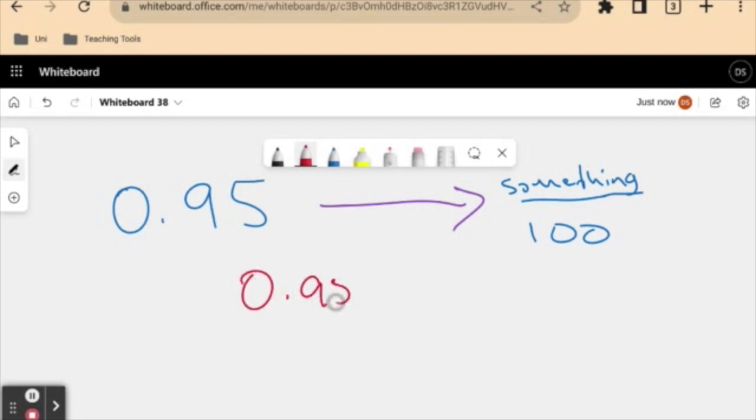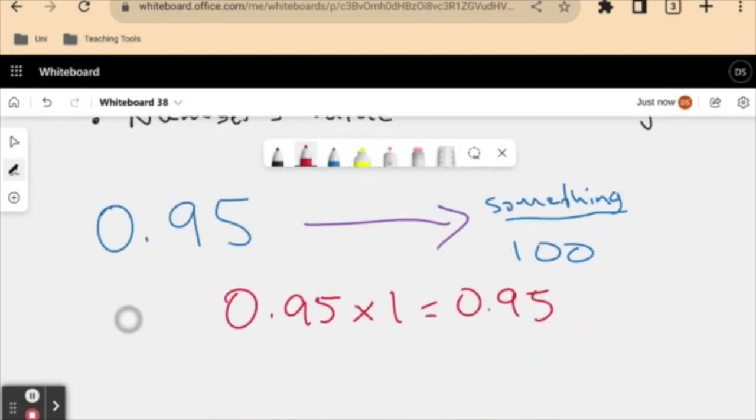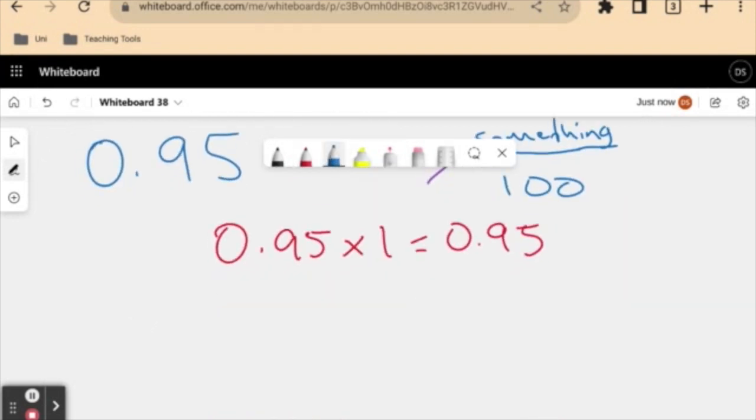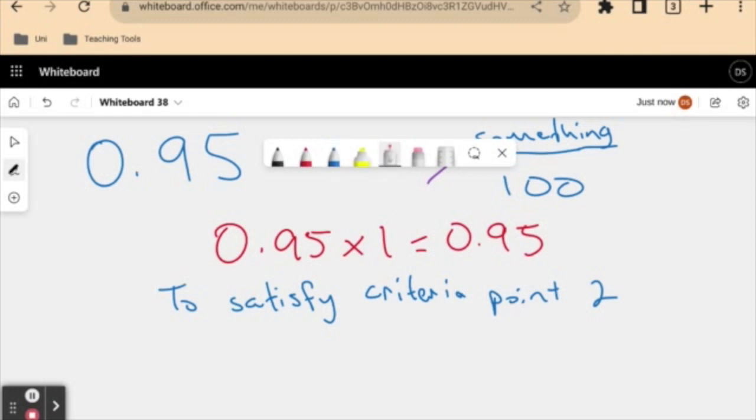Because 0.95 multiplied by 1 will produce the same number. So that is the only way we can tick off the second point from our criteria. So I'm going to write here, to satisfy criteria point 2. Cool. So this has to be some kind of multiplication by 1, right?